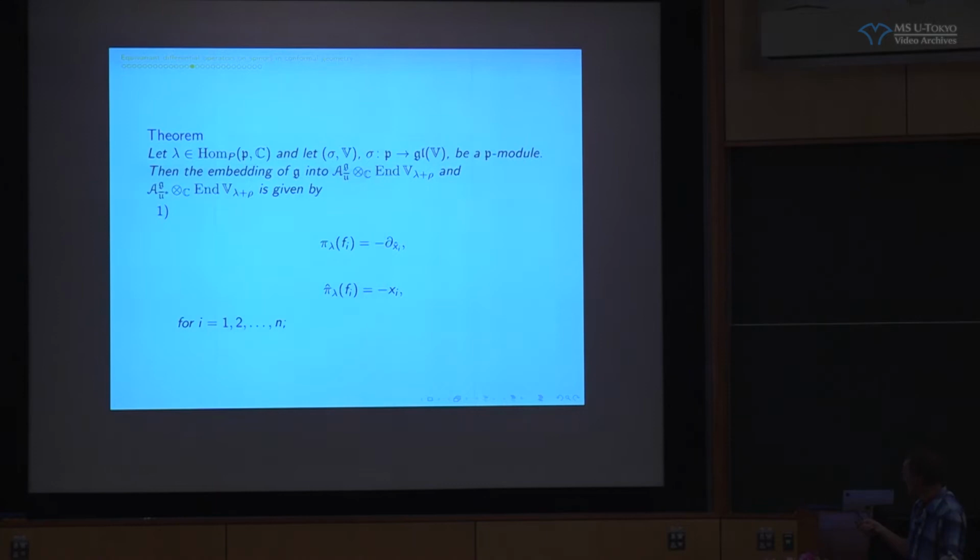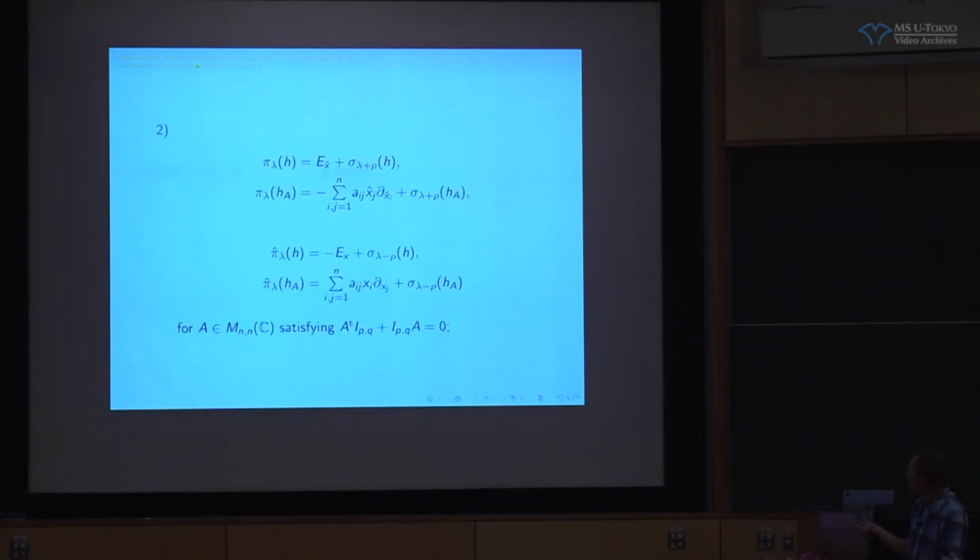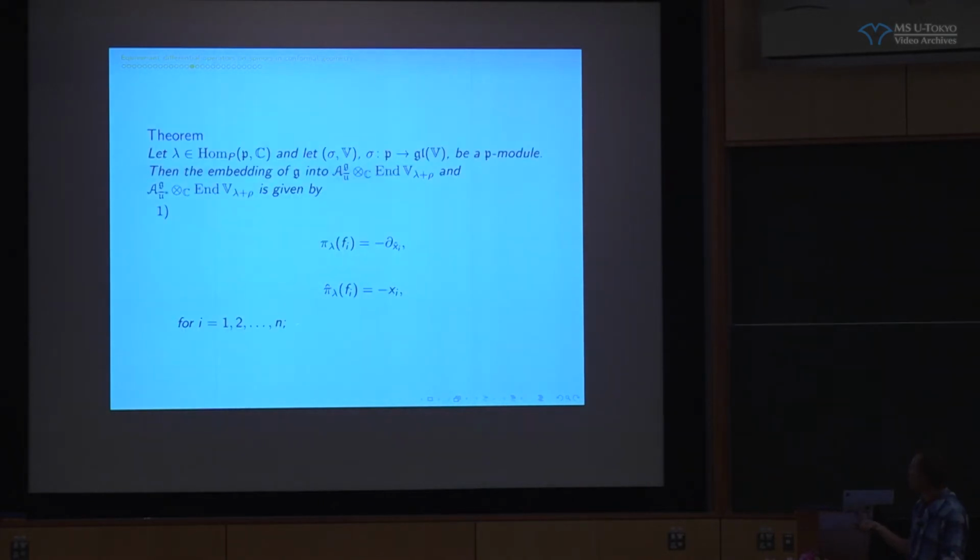So after some tedious calculation, we are able to produce the explicit formulas for the action of particular root spaces in the representations pi lambda and pi lambda hat. As for the elements of the negative nilradical, the corresponding generators act in the representation pi lambda by first order differential operators, as all elements do.